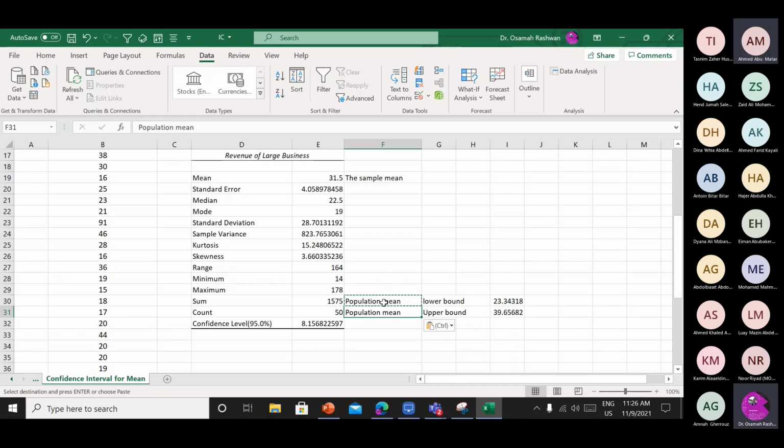The lower bound is your sample mean x bar minus the marginal error, which is this one, right? And the upper bound will be the mean plus the marginal error, because it will be the right value, right? So it will be x bar plus this marginal error.